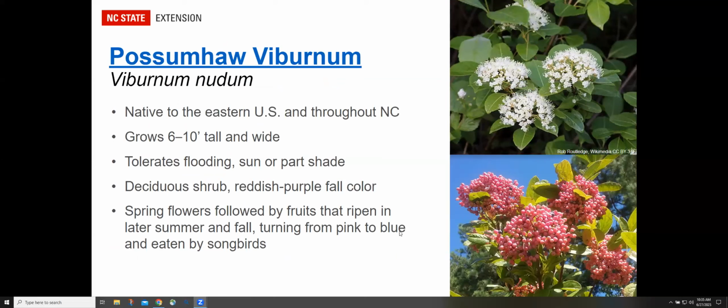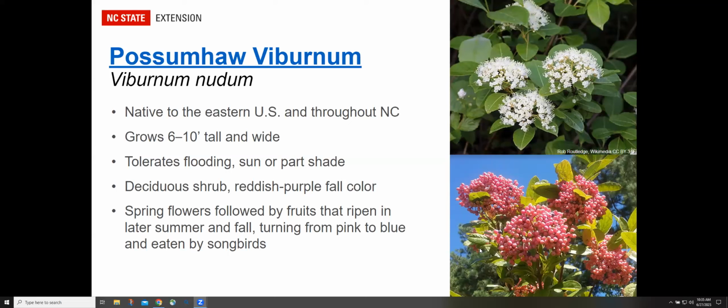And another native with amazing berries is the possum haw, Viburnum nudum. Particularly some of the cultivars like Winterthur and Brandywine have been selected for their fruit color, and also they have amazing foliage color. They are deciduous, same as the Callicarpa, but they will give you great berry color starting in late summer and through the fall, and then really nice foliage color even into December often.